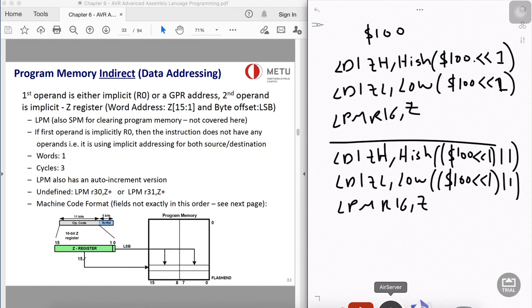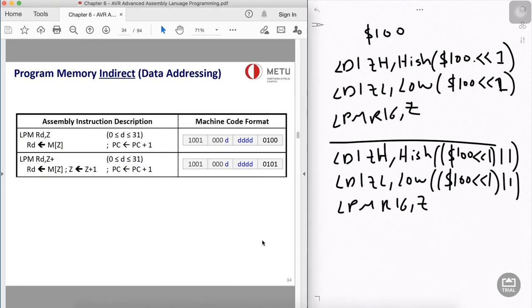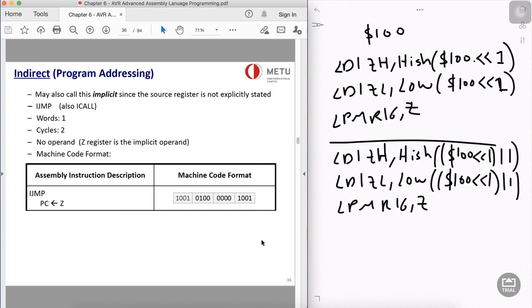Now, so far, we have seen program memory, indirect, program memory, data memory, indirect, direct, and different types of it. Now, we will carry on with indirect program addressing.